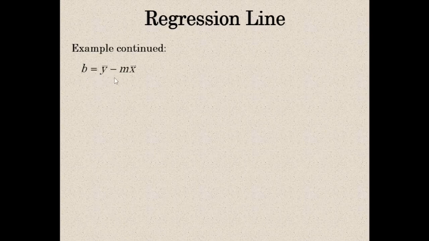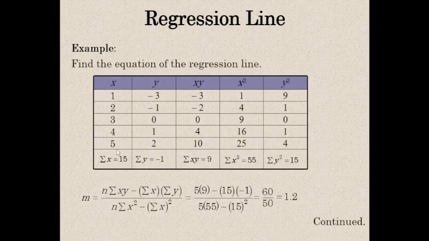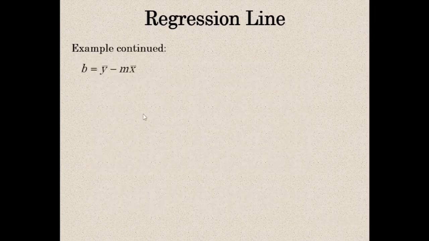So b equals y bar minus m x bar. What are y bar and x bar? Sorry, not future values, they are the mean values. Where do we get the mean values? We have the summation of x, from the mean topic. You have already studied that summation of x divided by n. n is 5. So we can calculate y bar as well as x bar.